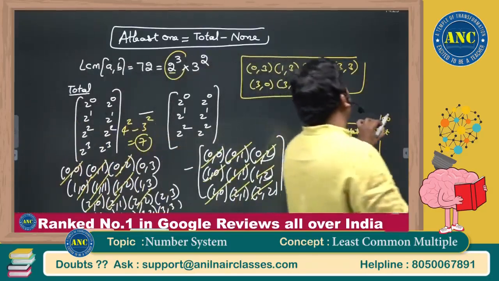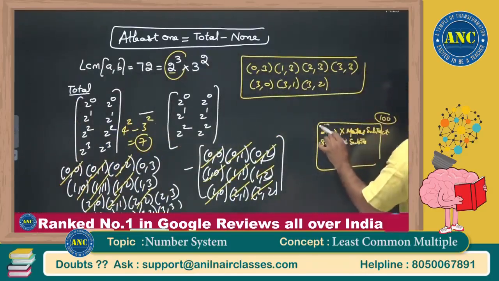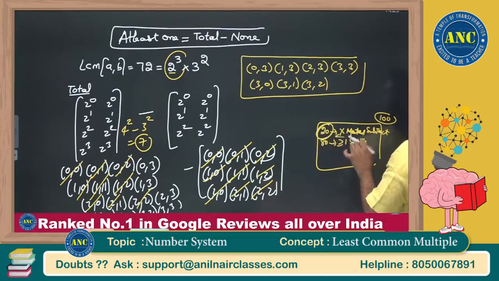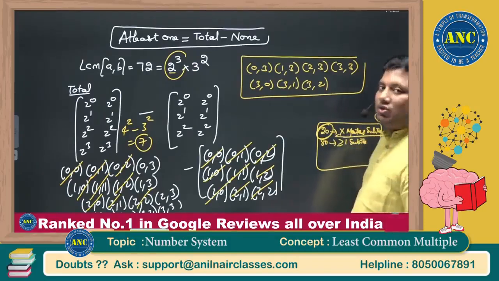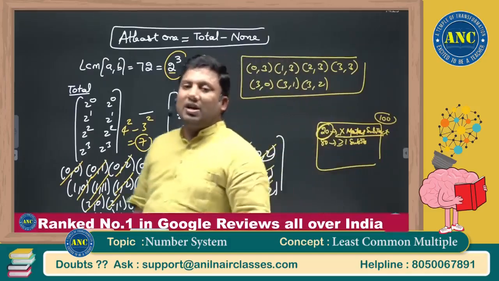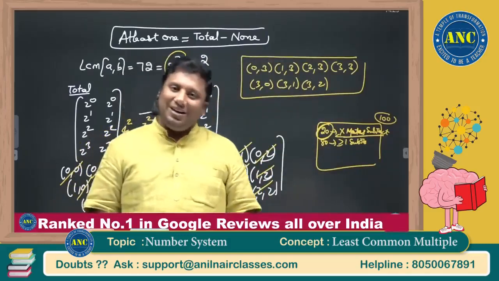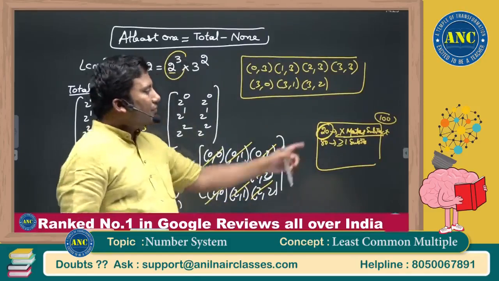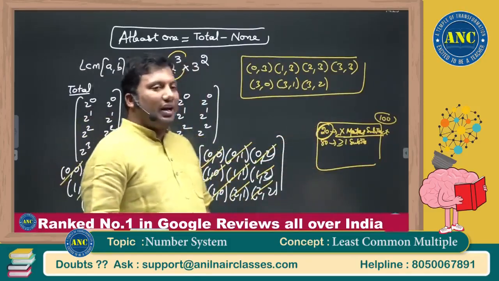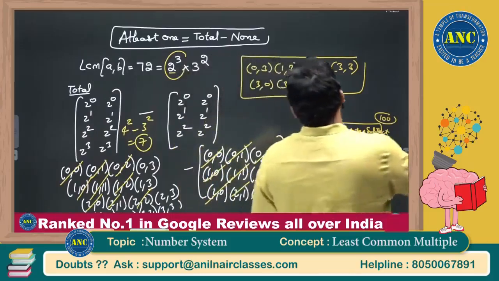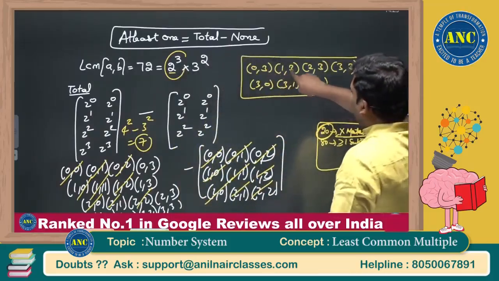So, from total, if I subtract the number of students who do not like a subject, I will get the students who like a minimum of one subject. Yes or no? 100 minus 20 is 80. From total, if I subtract the number of students who do not like a subject, I get at least one. At least one of them contains 3.